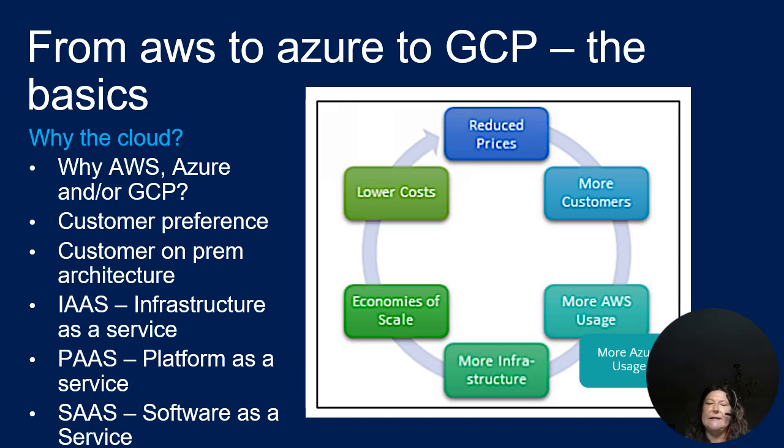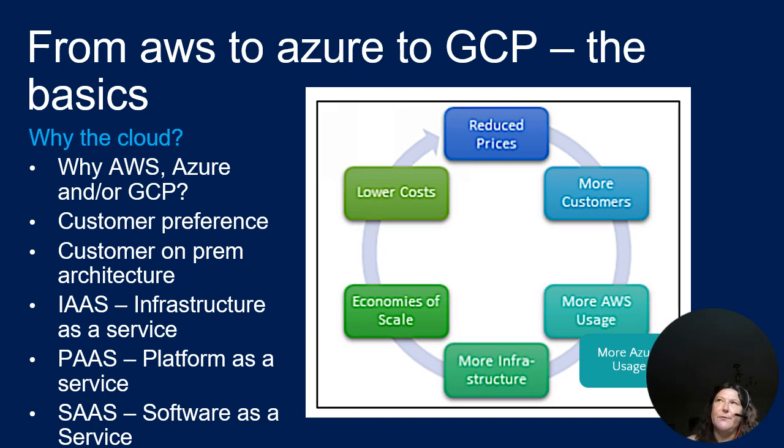AWS is typically going to be used by techies, I call them. Techies who really love to do things at the coding level, at the detailed operating system level, who like to write scripts and that kind of thing, who maybe have used Linux as their operating system in the past. Those are people that like AWS a lot. Azure is really preferred by people that have grown up with Microsoft tooling.